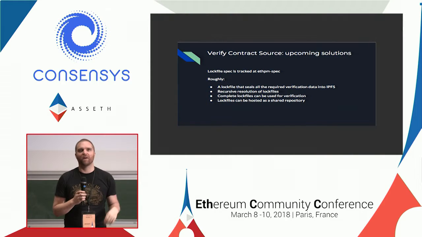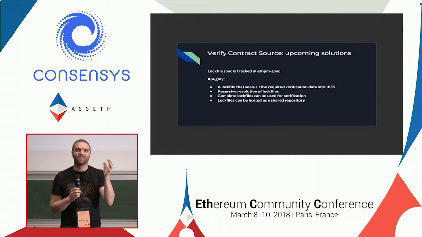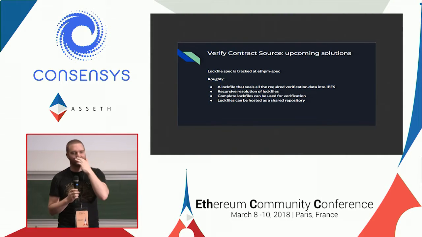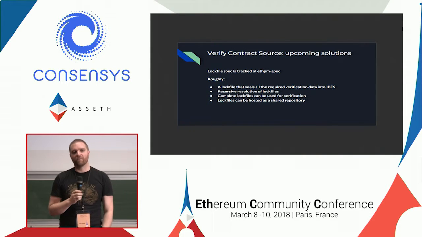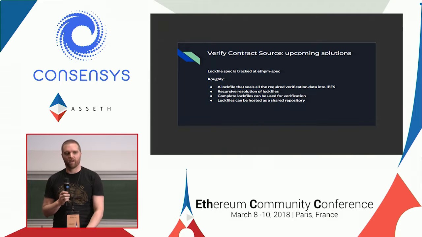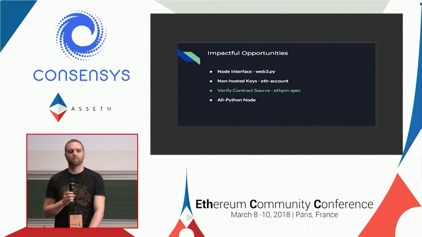And once it's broadcast, you know it's the same thing because it's fixed data, and you can then use all that information to locally verify. I'll skip the shared repository bit. Okay, so pmspec is the eventual upcoming answer to that issue.